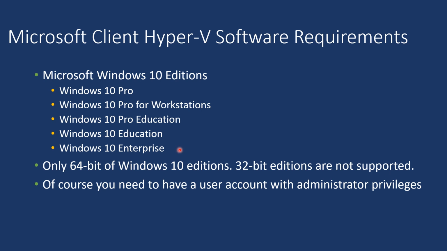In that case, you cannot enable client Hyper-V. So forget about Hyper-V. What I advise them is to go to a type 2 hypervisor, not type 1, and I advise them to use Oracle VirtualBox. But if you want to use Hyper-V, make sure that your computer comes with Pro and above, all these powerful editions.